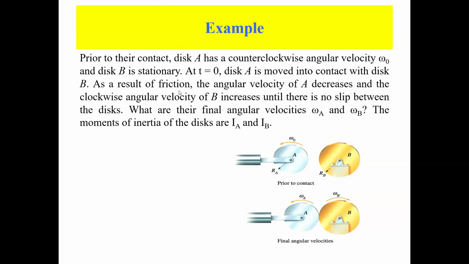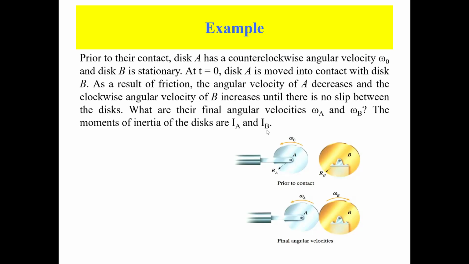As a result of friction, the angular velocity of disk A decreases and the clockwise angular velocity of B increases until there is no slip between the disks. What are the final angular velocities of these two disks? The moments of inertia of the disks are I sub A and I sub B.